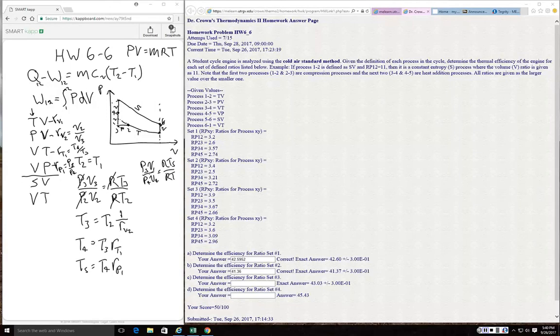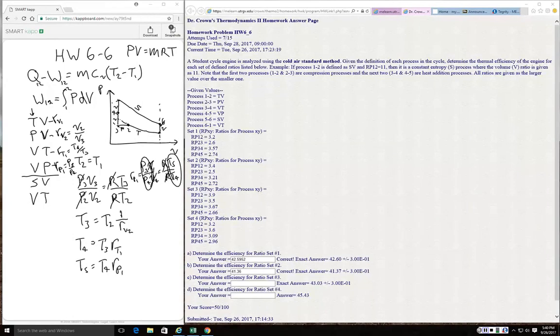And in this case, R's cancel, the V's cancel because it's a constant volume process. And this P5 over P4 is what we're calling RP1, but that's the same as the temperature ratio. So the pressure ratio equals the temperature ratio. So again, it's just times RP1.